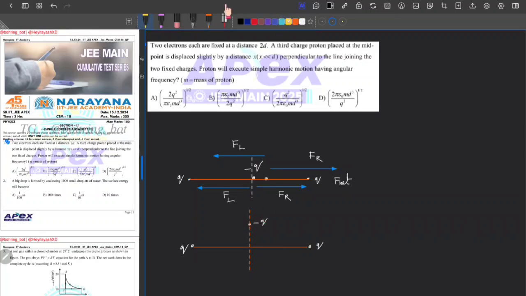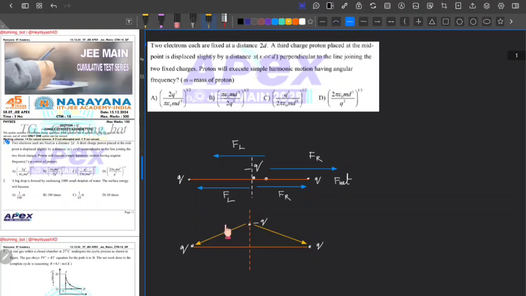Now the forces will act on that, right? So this plus q will try to pull it in this direction, and this plus q will also try to pull in this direction. Clear? So there are two forces.